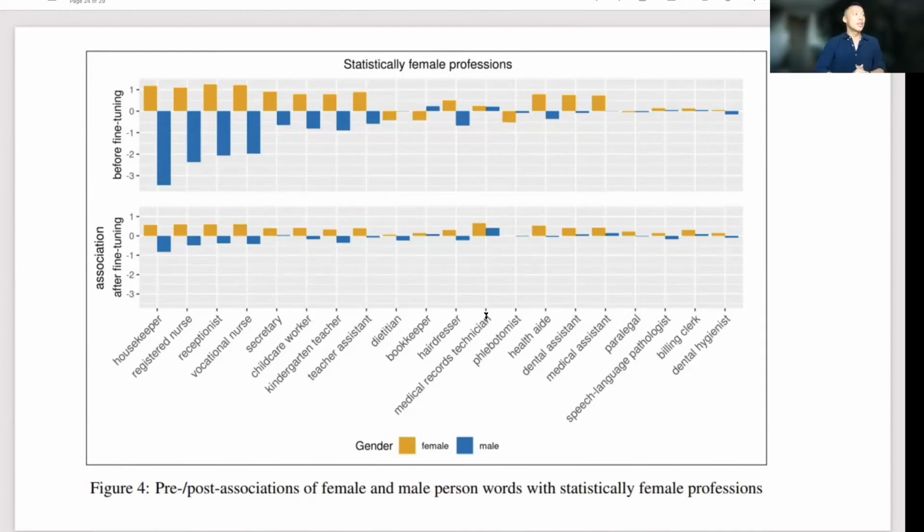So for say housekeeper, the association is more toward female and negatively toward male. So that indicates the gender bias. But after fine tuning with the corpora that we modify in a way that I described before, the gender biases kind of go away. So that's good news.